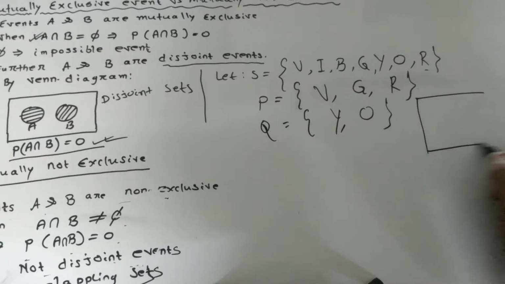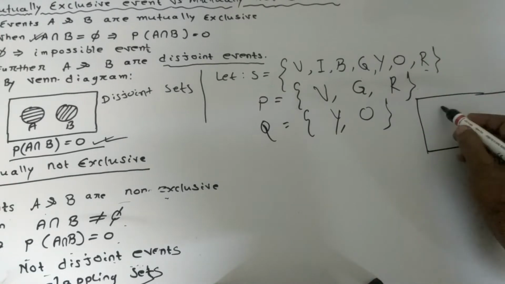Now see in the Venn diagram what is going on.